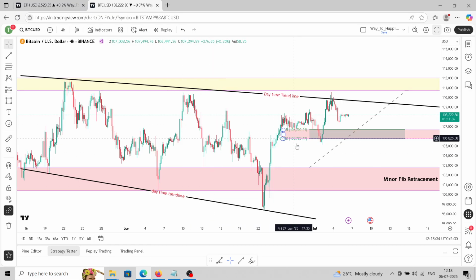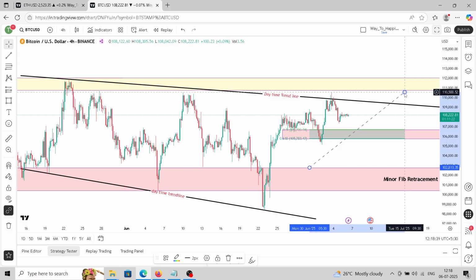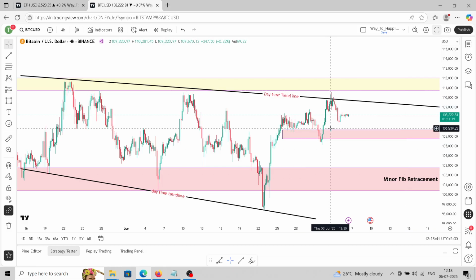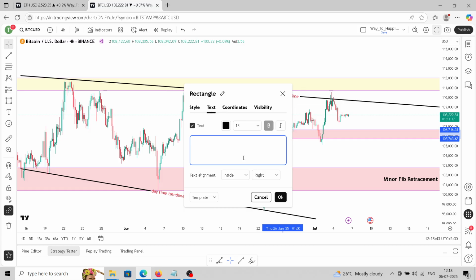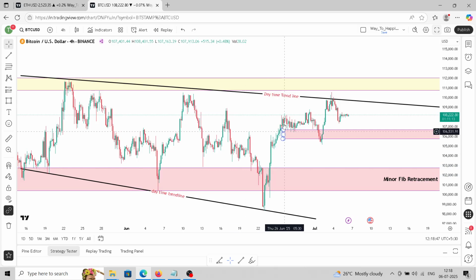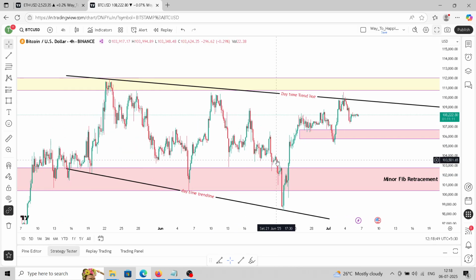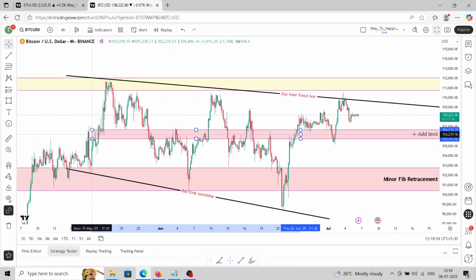Is there any support here? The support will be like this, here, here, here.